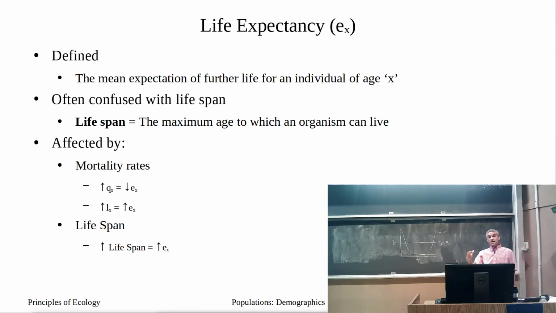The flip side, if we increase our Q, then we decrease our L sub X. If we decrease our L sub X, we also decrease our E sub X, our life expectancy. If we decrease our Q, then we increase our survivorship, and if we do that, then we increase our life expectancy. So survivorship and mortality rate do affect and determine our life expectancy.